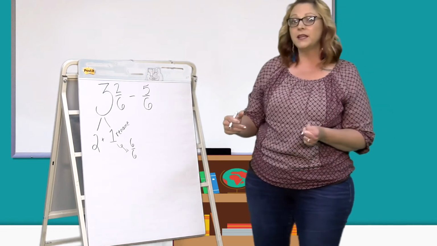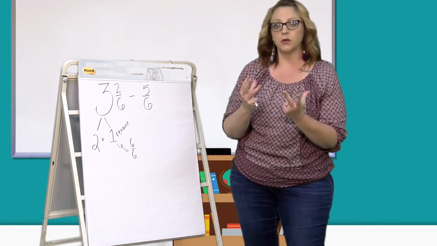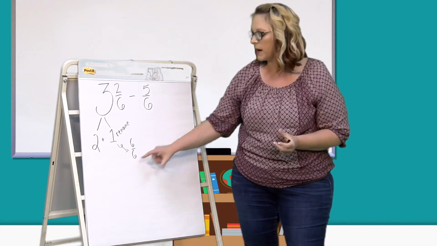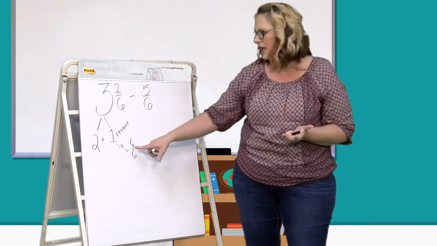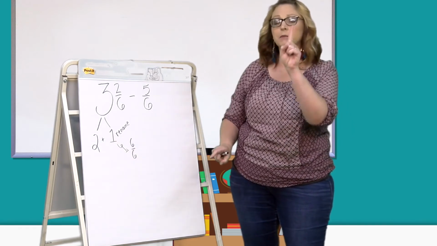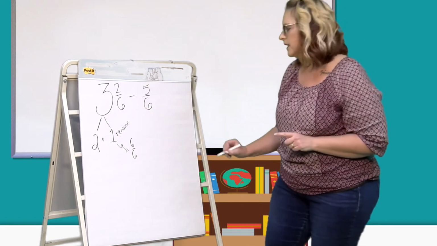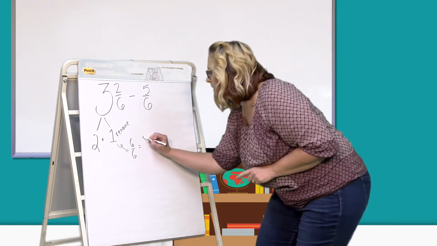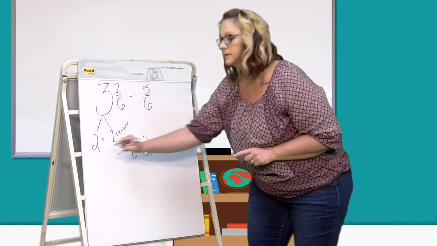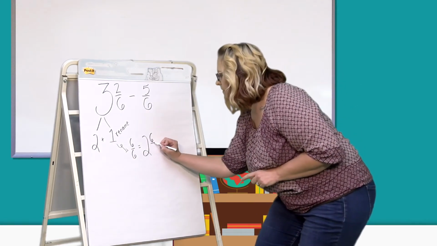If you remember in the beginning, I told you, your numerator represents the part that you have. Your denominator represents the whole amount. If I have the whole amount, that means I have whole number 1. So now this whole number 3 is going to really be 2, and the 1 that I took away became 6/6.